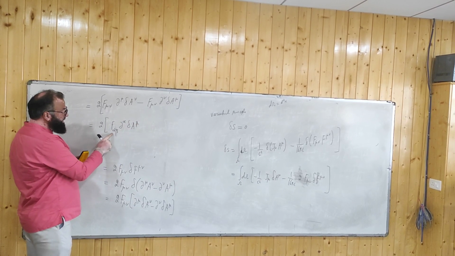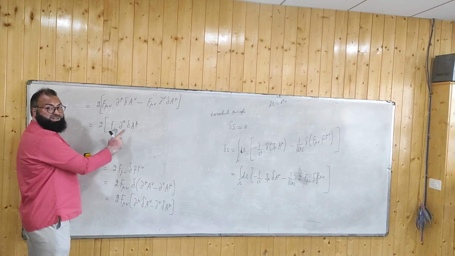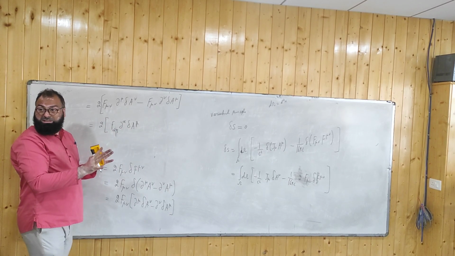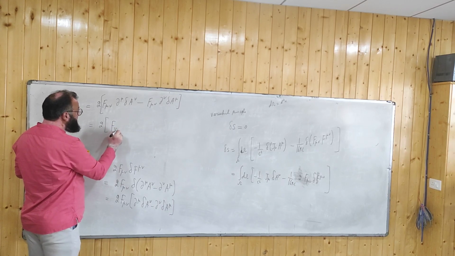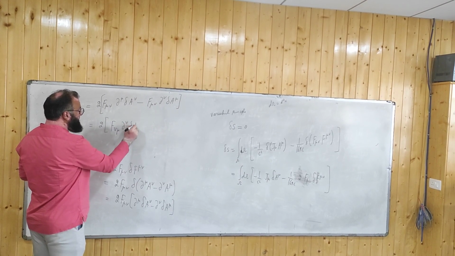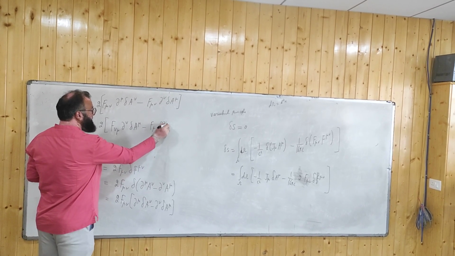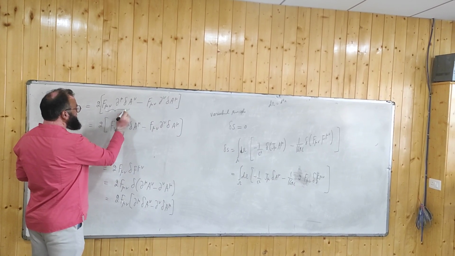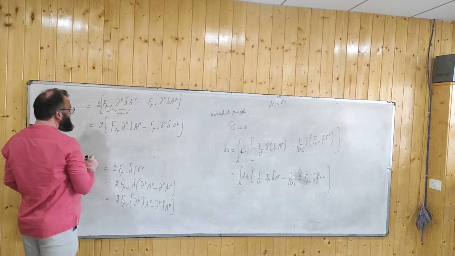Once you write it in terms of alpha beta, alpha I can put as nu, beta I can put as mu. You got it? So I can simply write it as f nu mu partial nu delta a mu minus f mu nu partial mu delta a nu. So I interchange mu with nu in this case, because they are dummy indices.